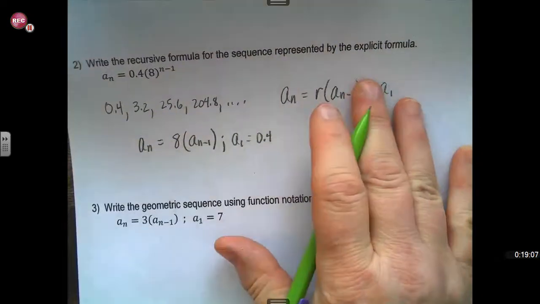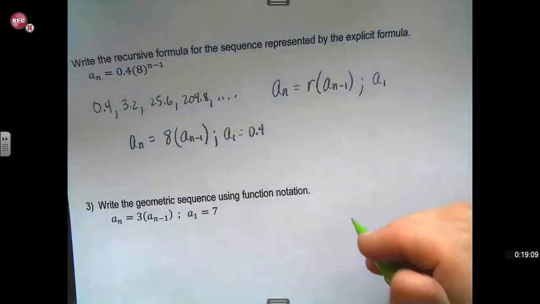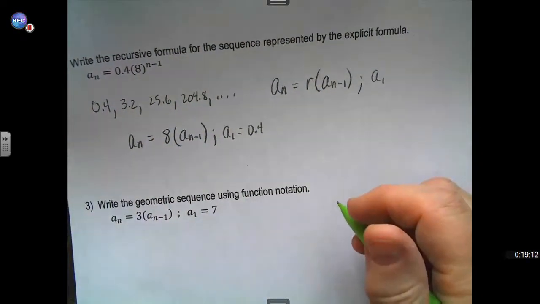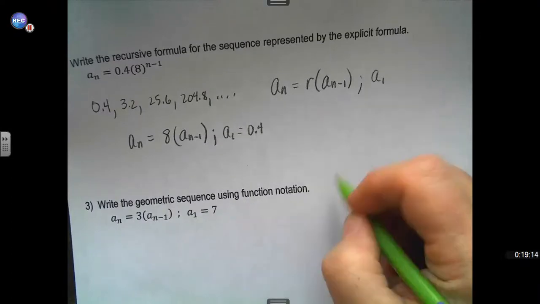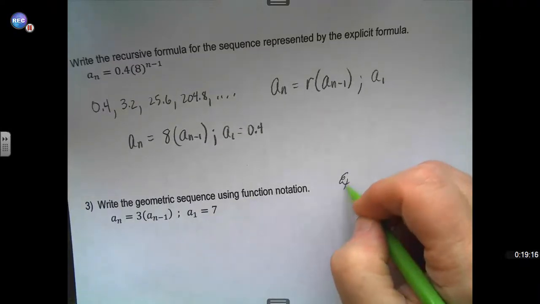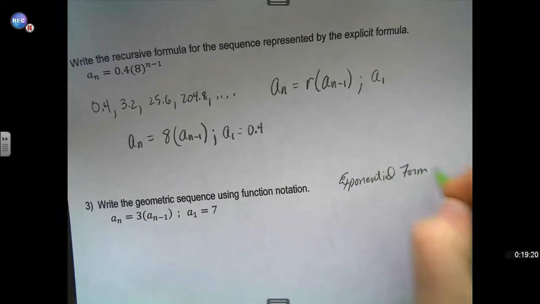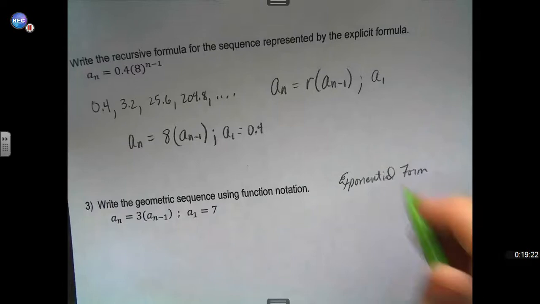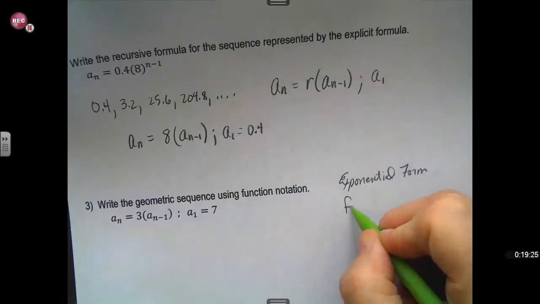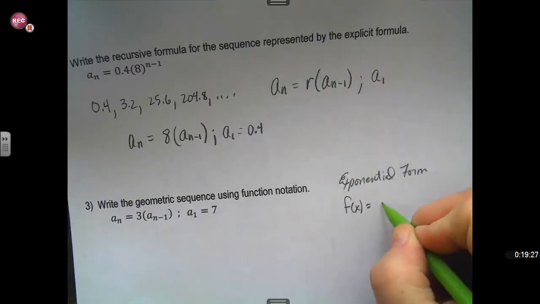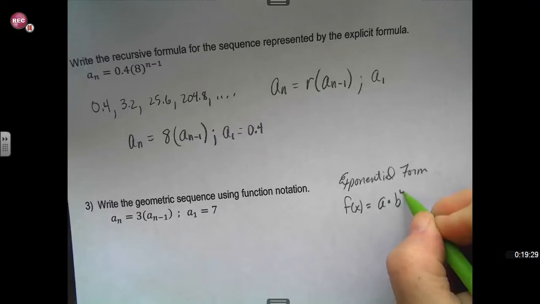Last problem, write the geometric sequence using function notation. What that means is they want us to write this in exponential form. So in other words, f of x equals a times b to the x power.